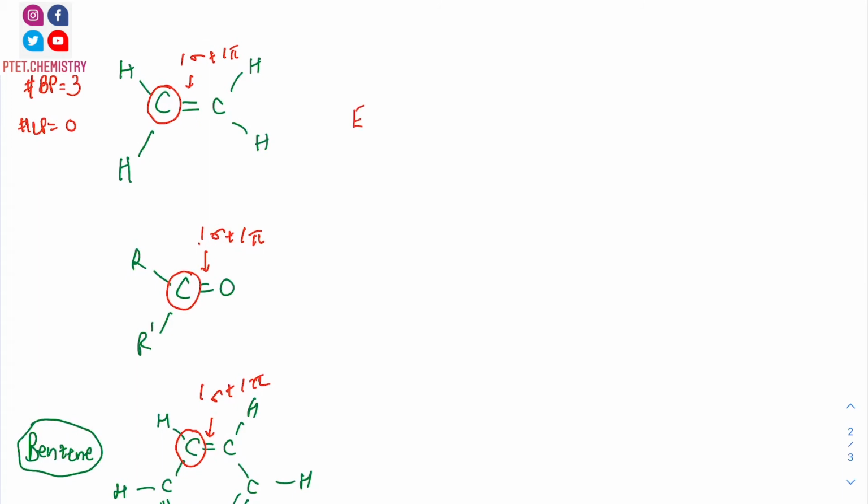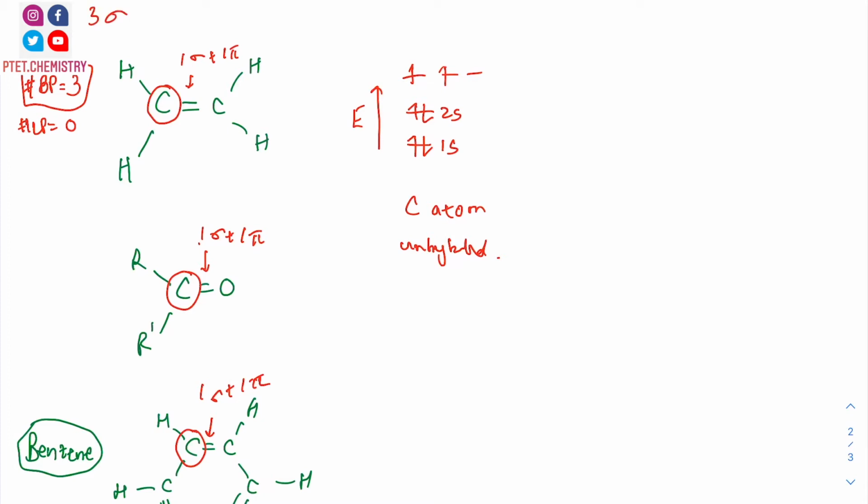So in terms of the energy and the hybridization that we need to consider, the 1s, the 2s, the 2p. We know there is 1s2, 2s2, 2p2. So there's the carbon atom that is unhybridized. We want 3 bond pairs because we want to form 3 sigma bonds, right?